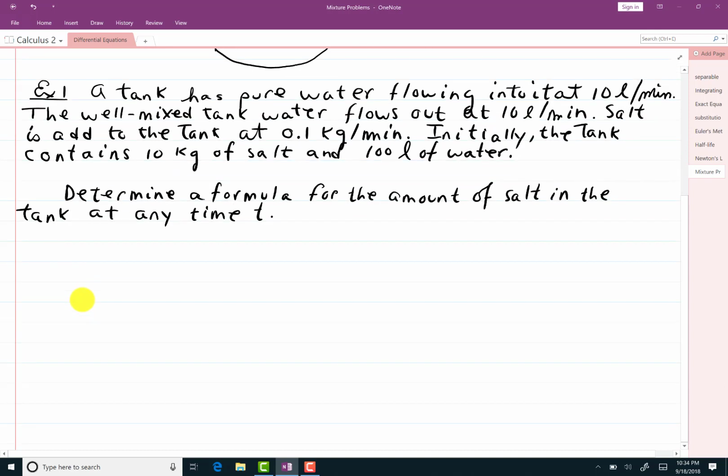So what I'm going to do is we'll let A of t equal the amount of salt in the tank.